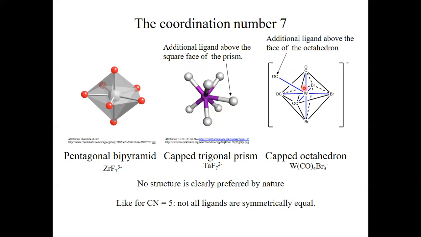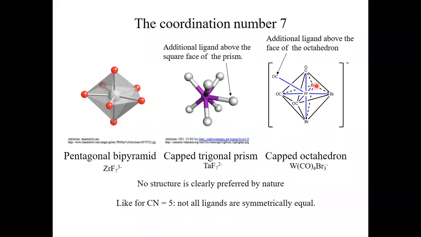And here in this structure, again, the seventh ligand would certainly be symmetrically different in comparison to the other six. And these three CO ligands are also symmetrically different from these three bromo ligands, because these three ligands are closer to the seventh ligand in comparison to the other three.